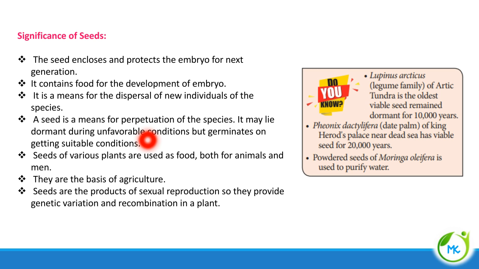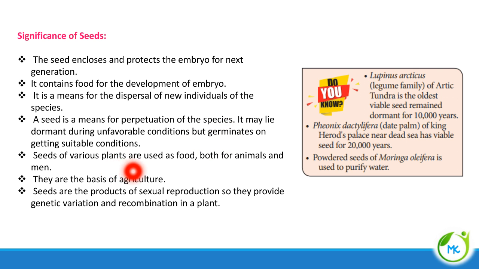Unfavorable means the conditions are not suitable. In such a condition, the seed will remain dormant. Dormant means it is found in the resting state, but the seed can germinate on getting suitable conditions. Germinates means it can give rise to a seedling.